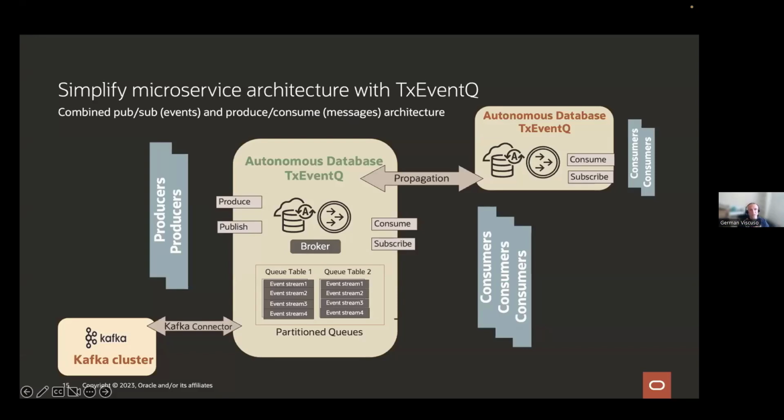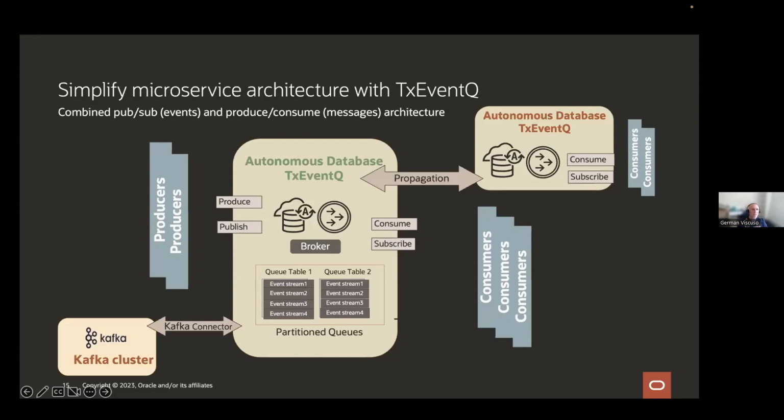Thanks to transactional event queues, we can treat each autonomous database instance as a Kafka broker, and we are improving on its functionalities. So you can connect all the databases together and have messages or events propagated across different database instances or brokers, and you can have consumers connect to their nearest database instance. So this really scales out nicely.